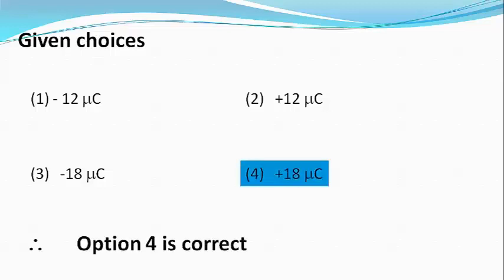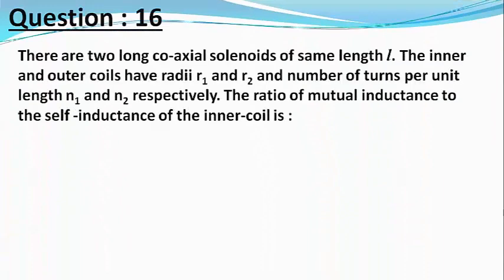Our next question is, there are two long coaxial solenoids of the same length L. The inner and the outer coils have radii R1 and R2 and number of turns per unit length n1 and n2 respectively.